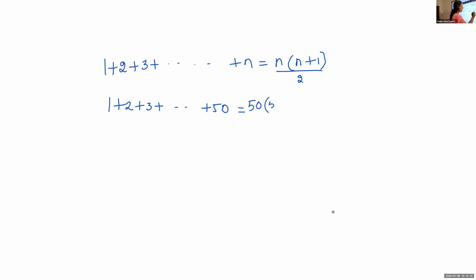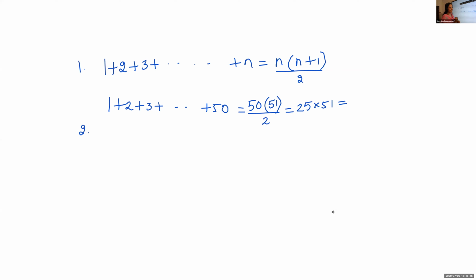In the place of n, you just substitute 50, which is the same as 25 into 51. Find out what is 25 into 51. So this is the first formula: sum of first n natural numbers is given by n into n plus 1 by 2.